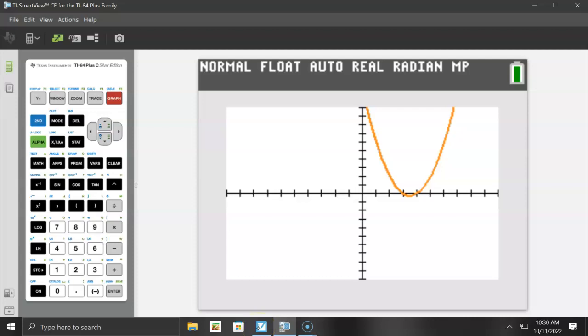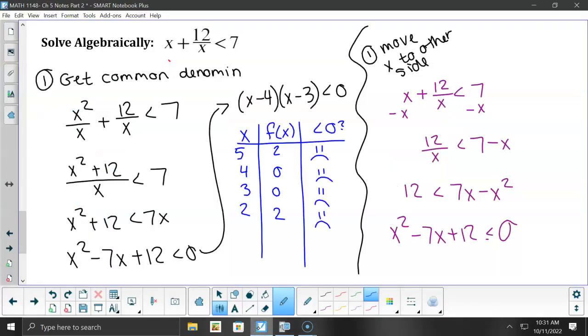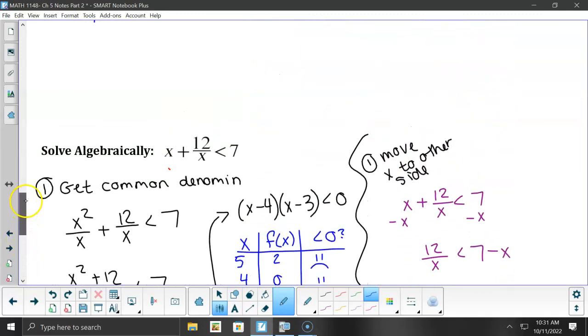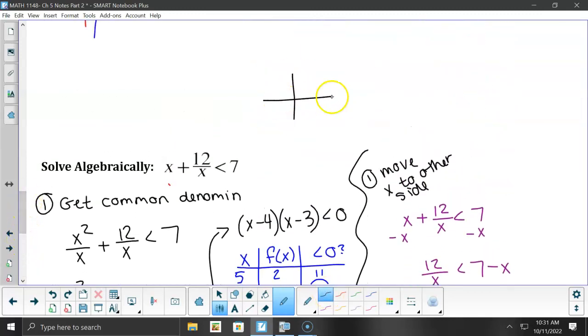So could there have been another way to look at this, like knowing that it's a quadratic and I have zeros at 4 and 3? Using your end behavior, I know I've got a zero at 3 and another one at 4.